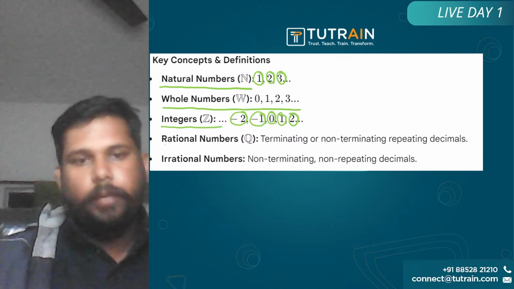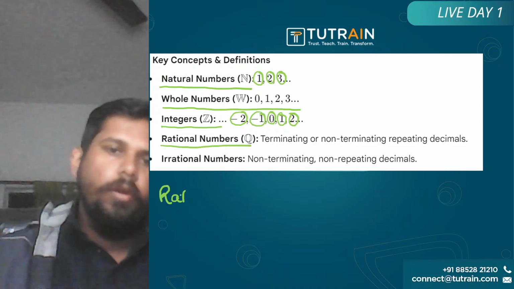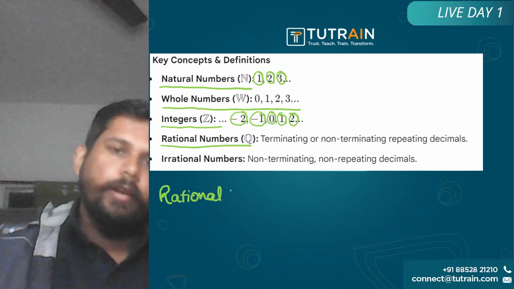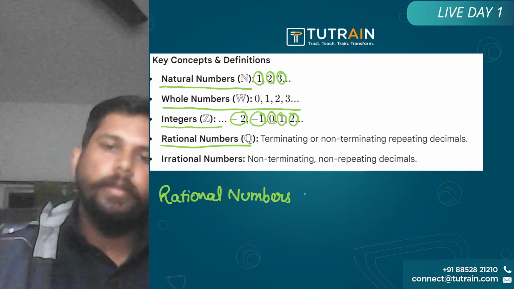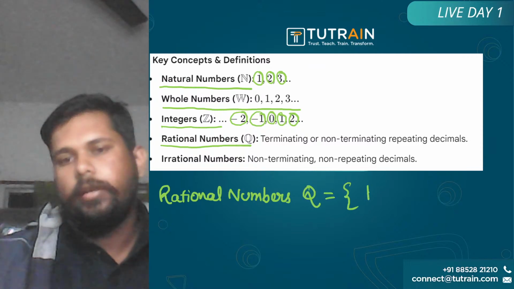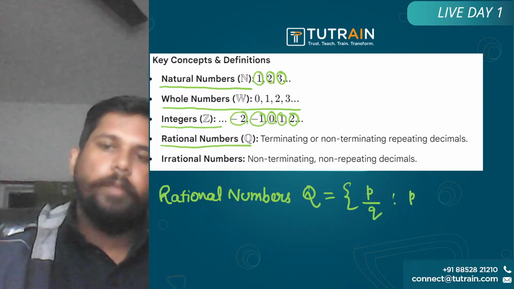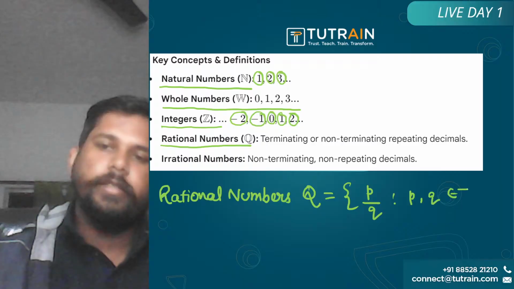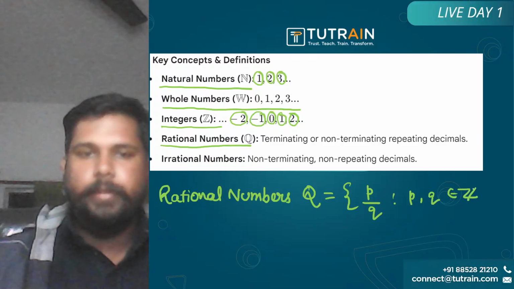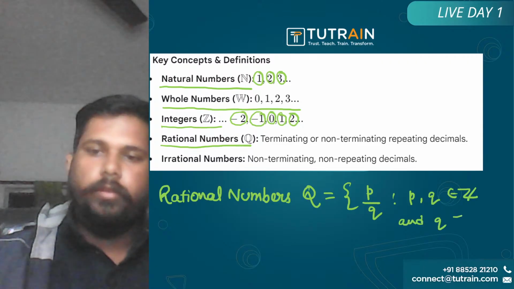Now, what are rational numbers? Rational numbers, denoted by Q, are those numbers which are represented in the form p by q, where p and q are integers and q is not equal to 0.